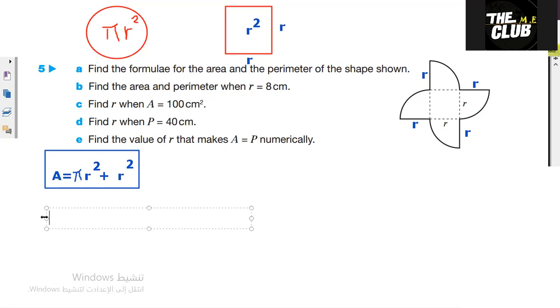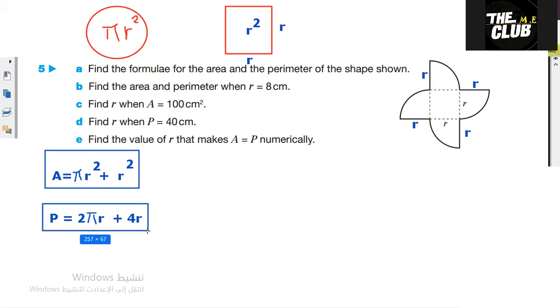So the perimeter will be the circumference of the circle, which is 2 pi R, plus the 4 R's here, so plus 4 R like this. So 2 pi R plus 4R. So we found the area and perimeter formulas for the shape.